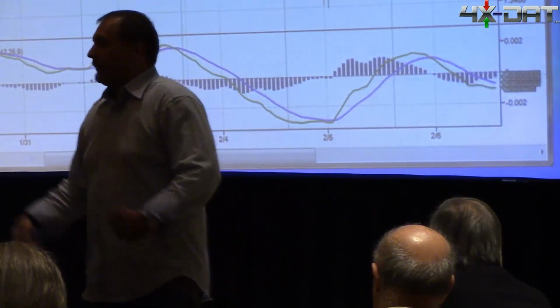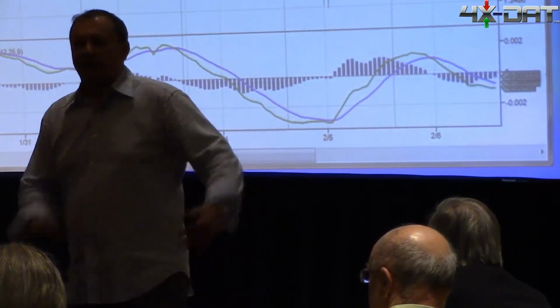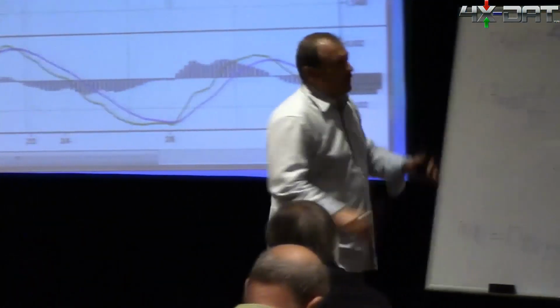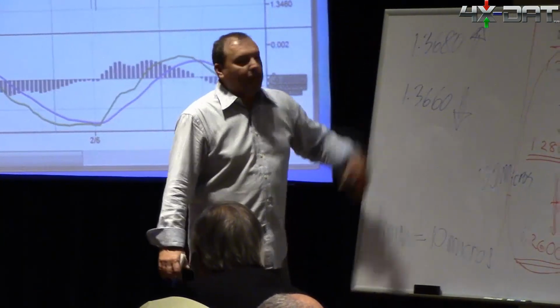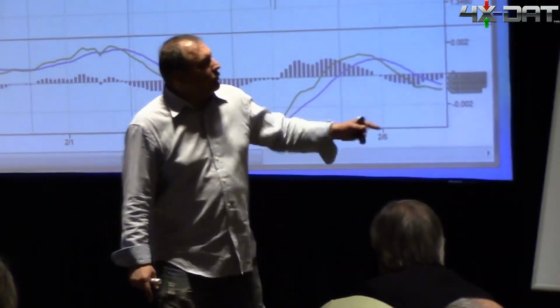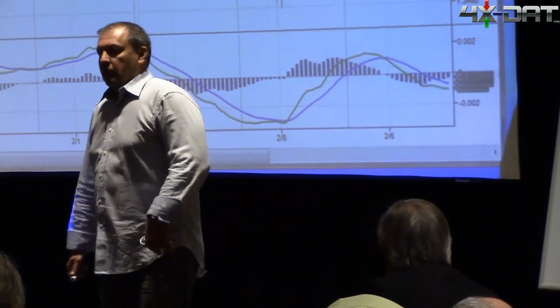Take 20 pip loss here, 30 pip loss here, 10 pip loss here. Don't take big losses, take little losses. Now, most people, well, it's illegal to hedge. They basically say, oh well, that was a bad trade, and they wait for another opportunity to do exactly the same thing again.